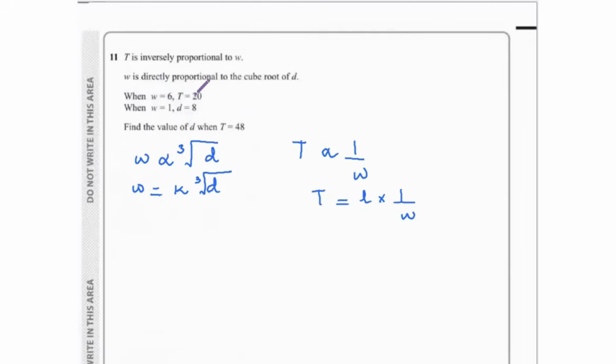When W is 6, D is 20. When W is 1, D is 8. Find the value of D when T equals 48.